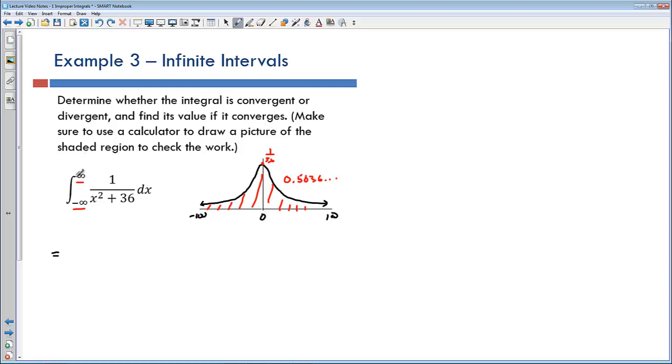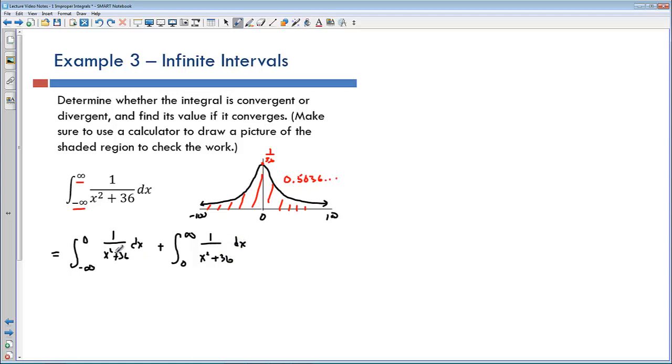So if you have an improper integral that looks like this, we just split it up into two separate improper integrals. One that goes from negative infinity to 0 of 1 over x squared plus 36 dx, and then we're going to add the integral from 0 to infinity of 1 over x squared plus 36 dx.